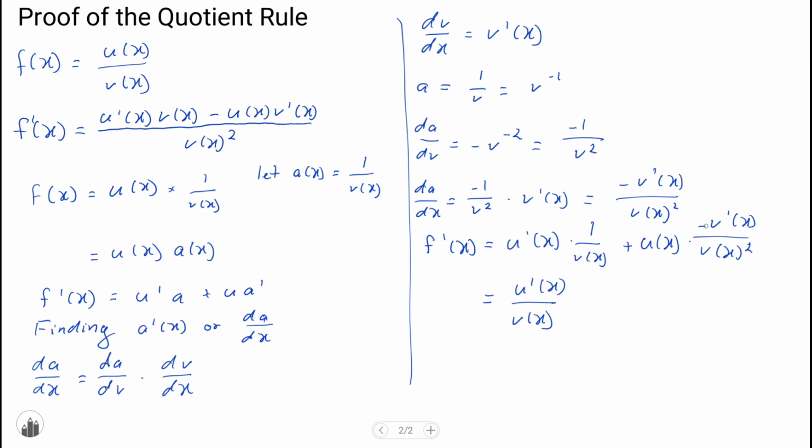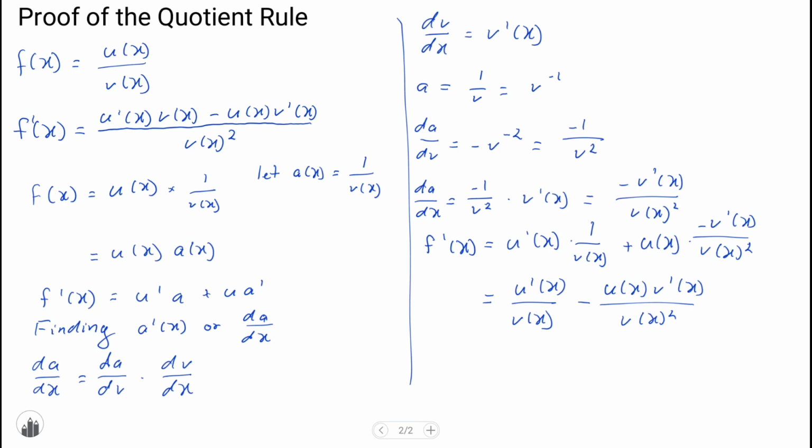So I'm just going to say this: minus u of x times v dash of x, all divided by v of x squared. And so now you can see I haven't removed the negative. I've just said, all of this being multiplied by a negative, the whole product here is just going to be negative. And then from here, it's a little bit closer to what we want, but still not quite.